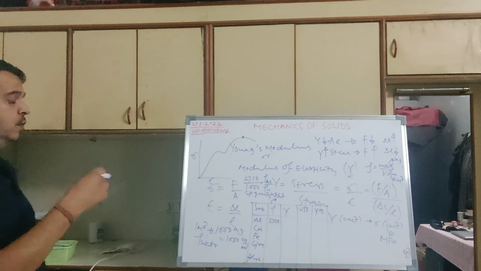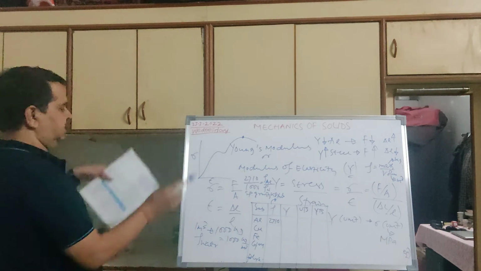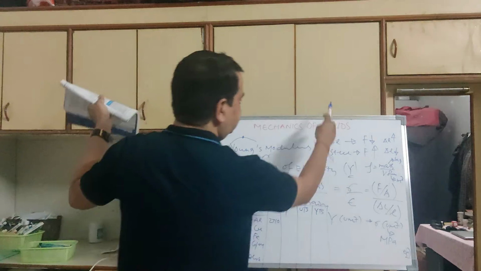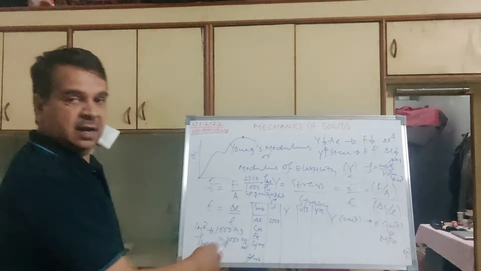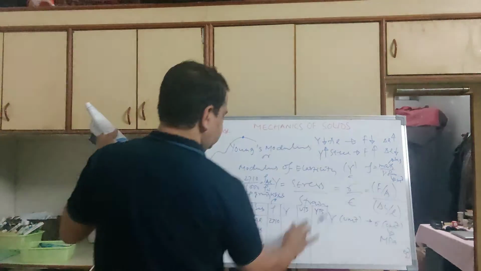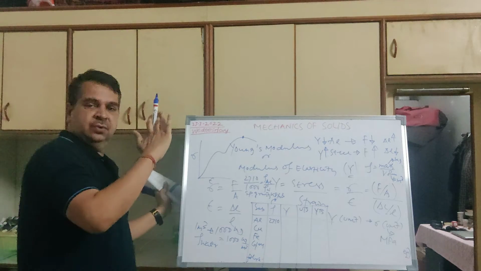So what do you imagine for 1 meter cube of water? Let us say this is 1 meter. It is not a square, it is a rectangle. Another side is 1 meter, so this is 1 meter square, and in the length direction you go 1 meter like this.